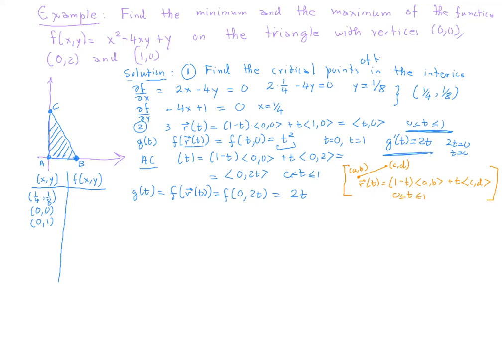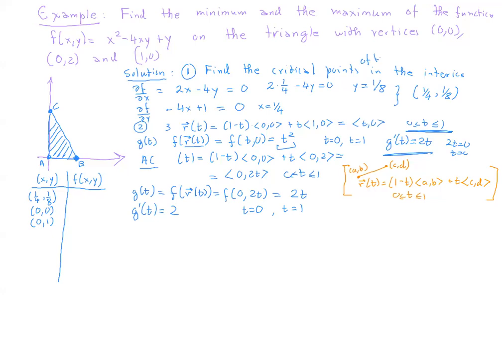So here you have a linear function. Linear functions with non-zero slope do not have critical points. So even if you take the derivative, you will see that it's 2, so you don't have any critical points. The only things that are going to be of interest are the endpoints at t equals 0 and t equals 1.